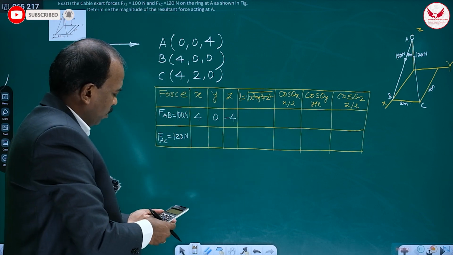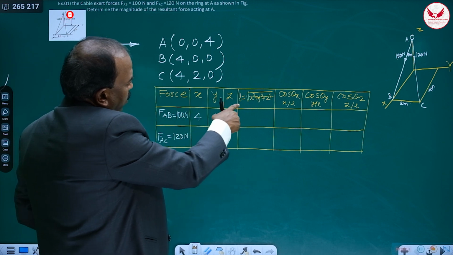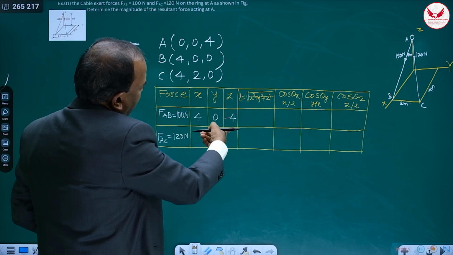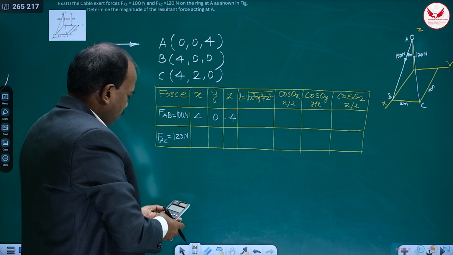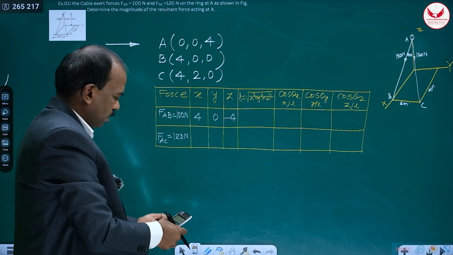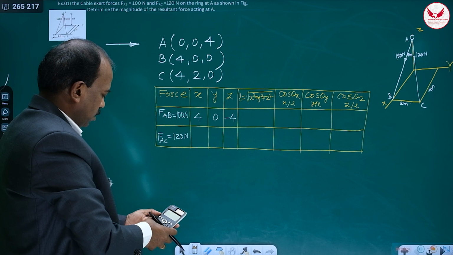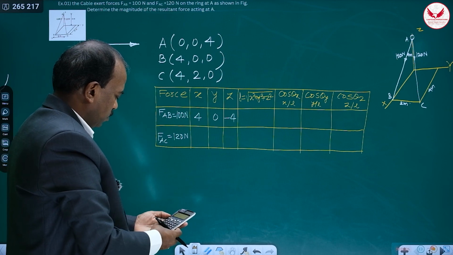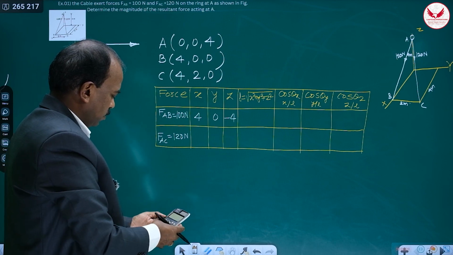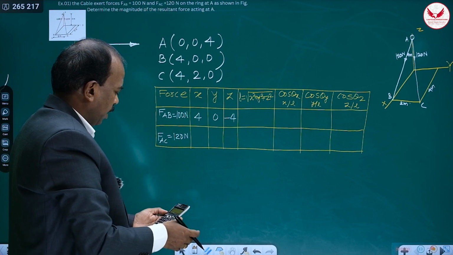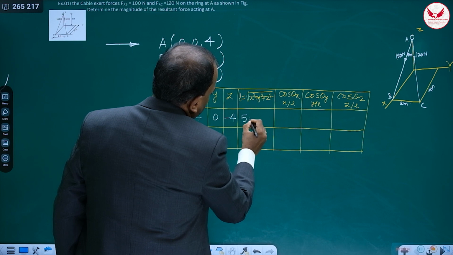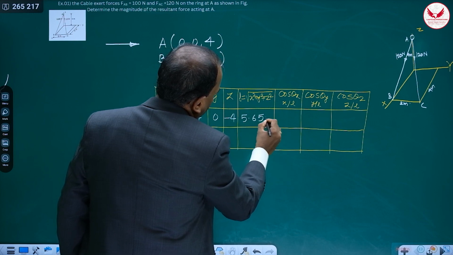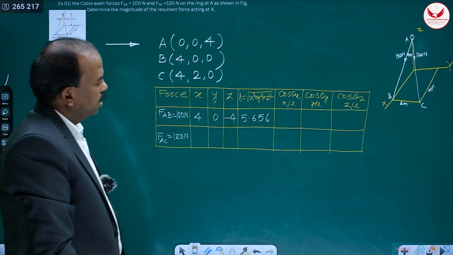L is under root x square plus y square plus z square. 16 plus 16, 32. So under root 32 is 5.656. For more accuracy, write up to 3 digits.